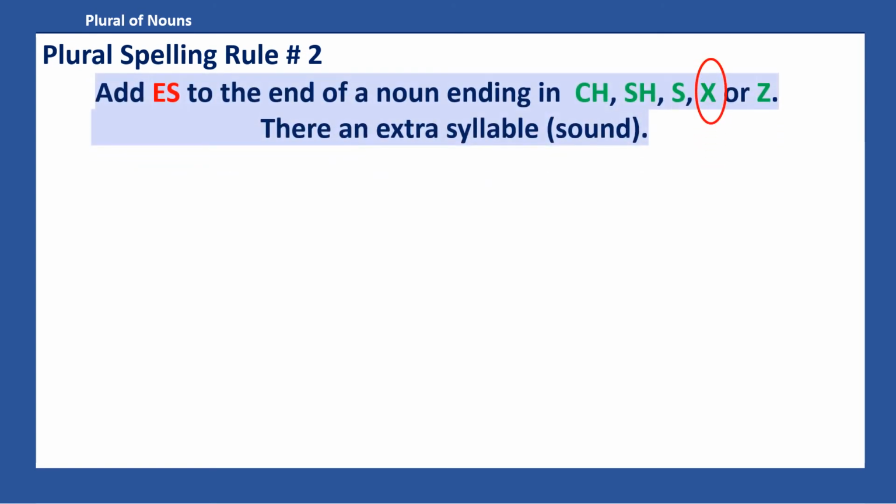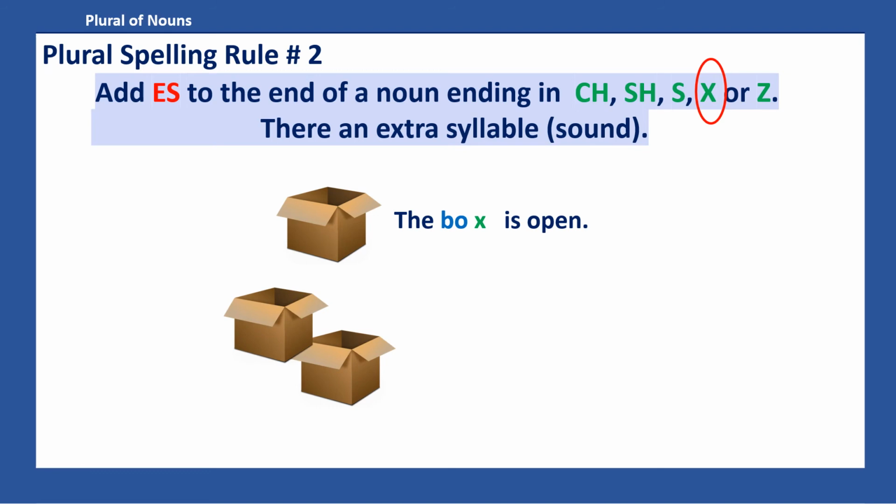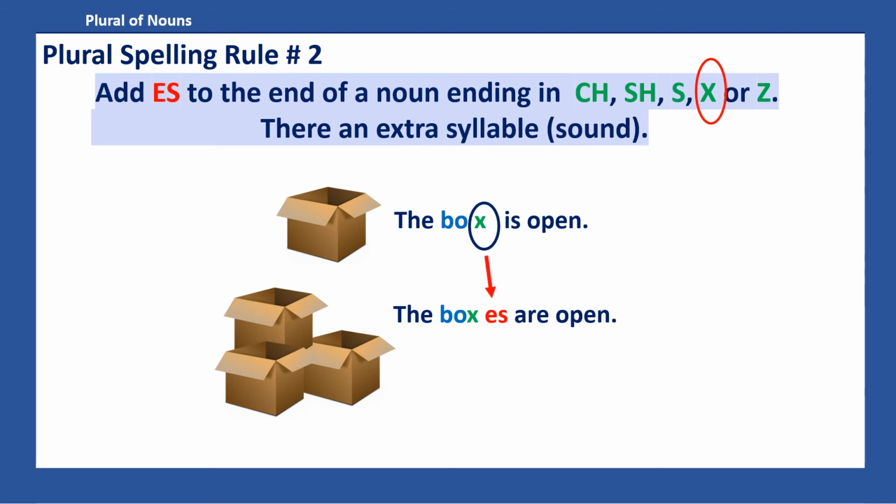Now, let's take a look at nouns that end in X. The box is open. The boxes are open. What is the noun? Box. What's the last letter? X. When a countable noun ends in X, to make it plural, you add ES.